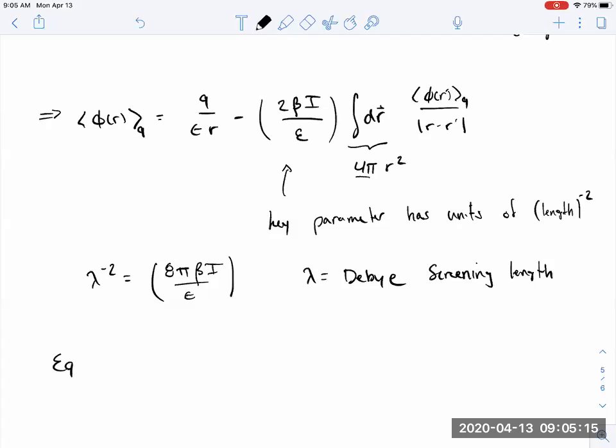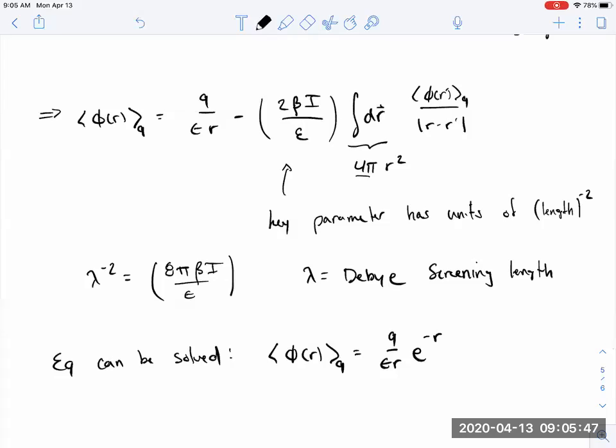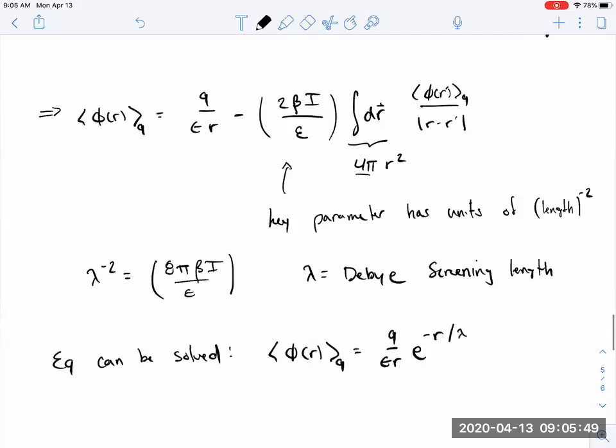So if we actually then solve that equation using some tricks from Fourier transforms, we find that the average potential due to that charge at the origin has a factor of q over epsilon r, what would be there due to just the original charge at the origin, but it is attenuated by an exponential with a characteristic length scale, which is that screening length.